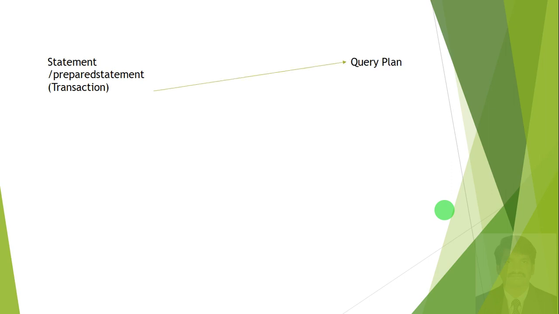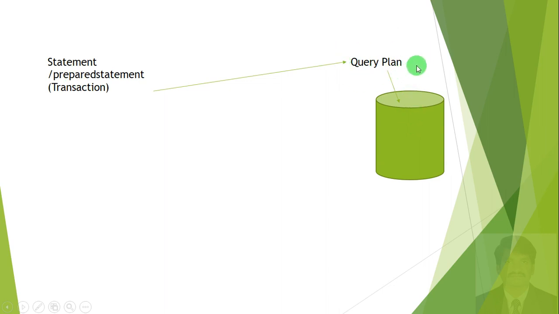If you are using the prepared statement interface and trying to execute the query, your database will prepare the query plan and your record will be executed into the table. Again, if you execute the same query, again it will prepare the query plan, execute the data and delete the query plan.